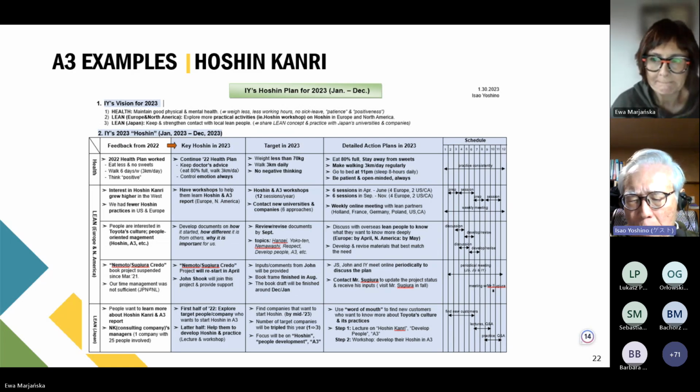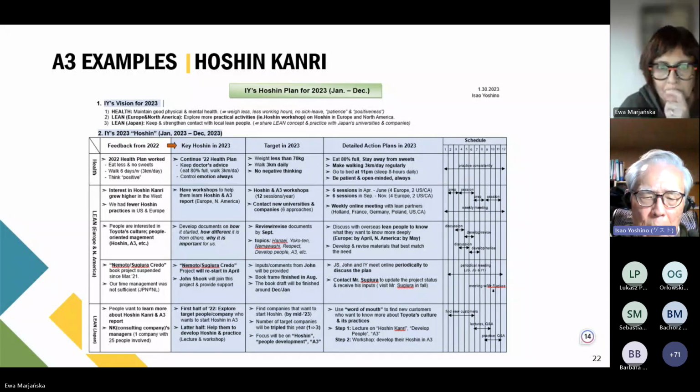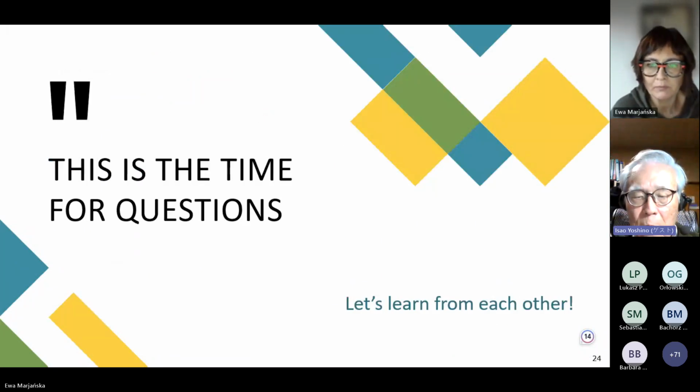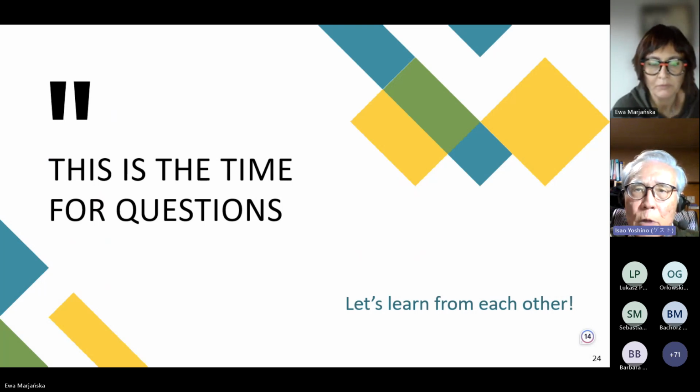Okay, I skipped the last one, problem solving. But anyway, I'm terribly sorry that my explanation is not so organized tonight. I started with A3 thinking and also ended up with examples. If you have any questions, I'll be very happy to answer.